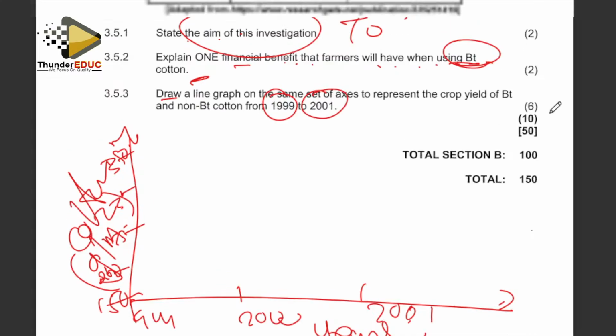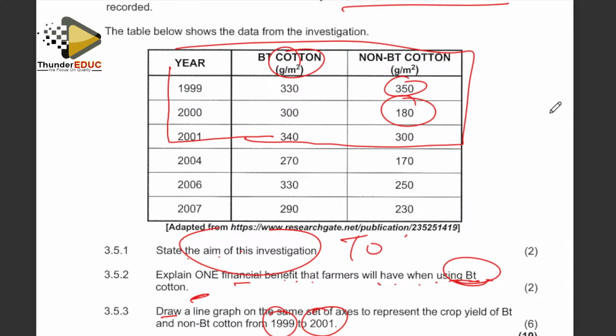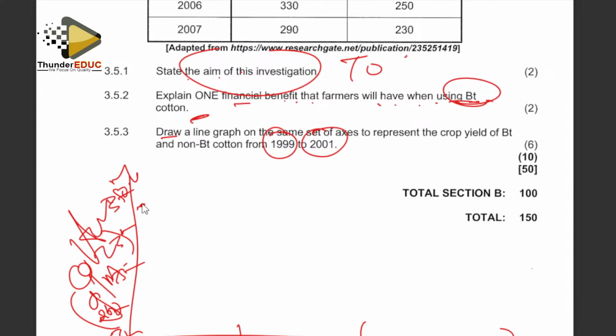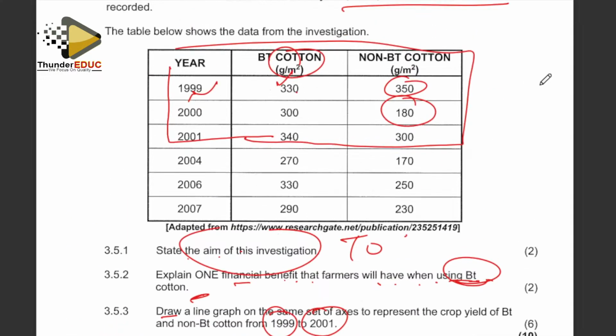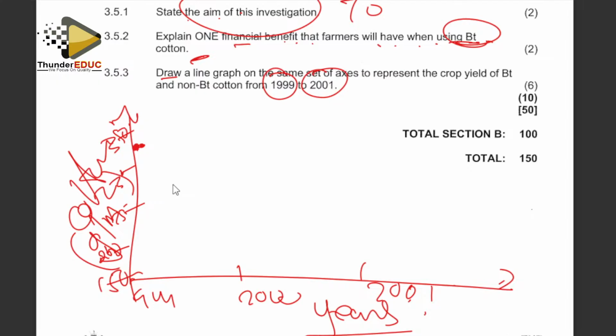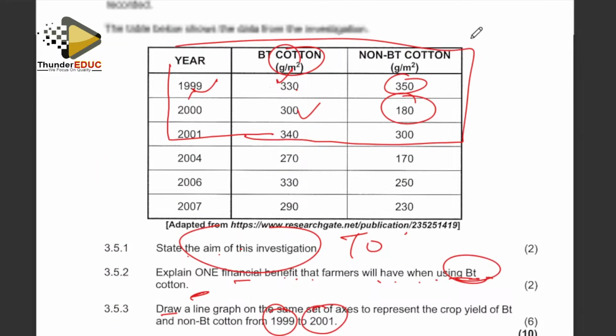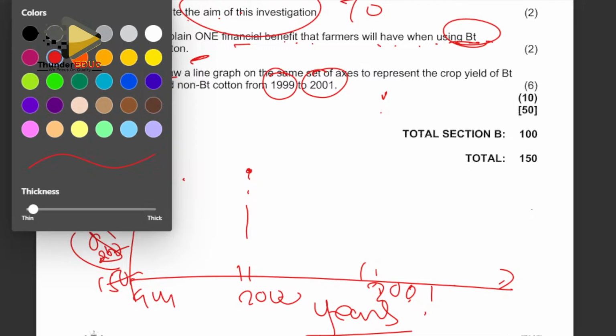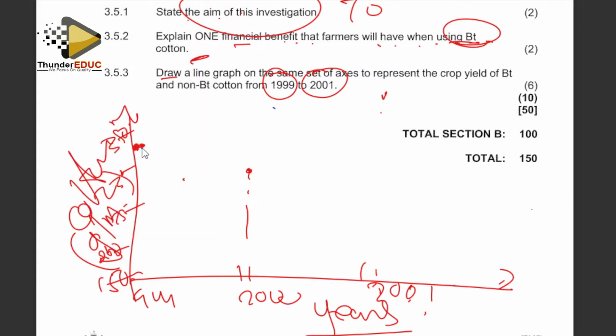Now if I compare this and this, I plot 330. It started around here at 330, then it went to 300, so it will be around here. Then it went to 340, so it went back up here, meaning I'm going to have something like this.